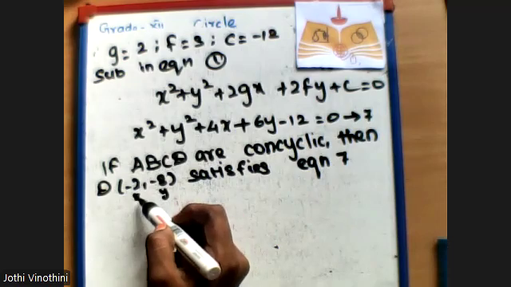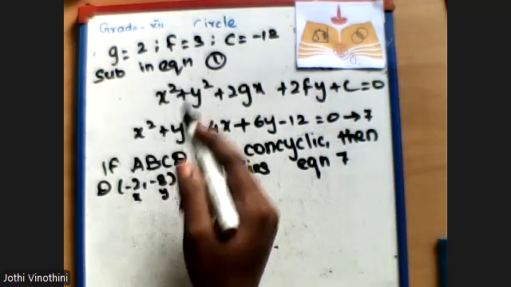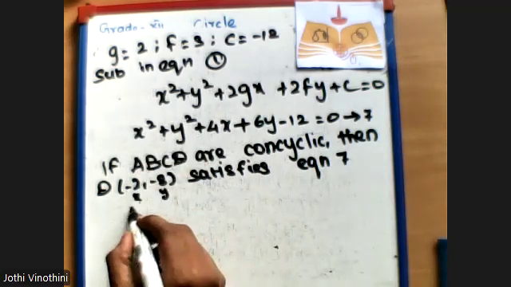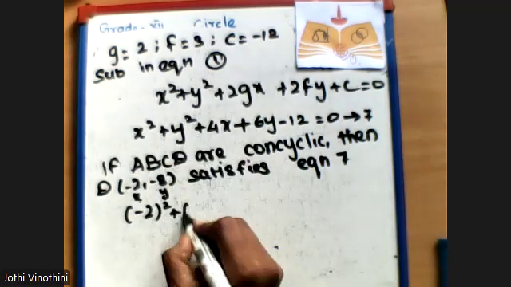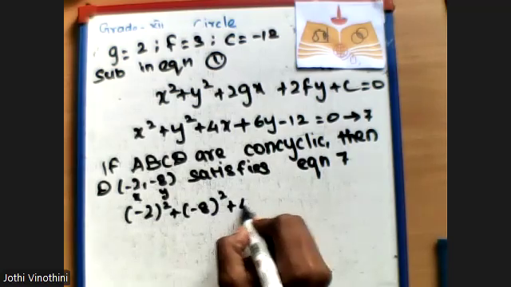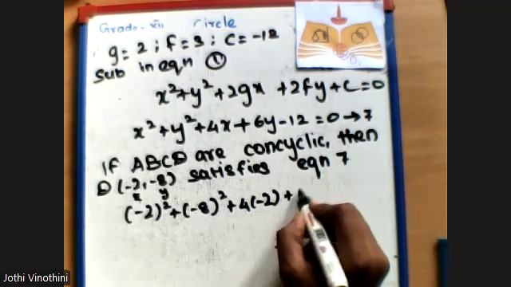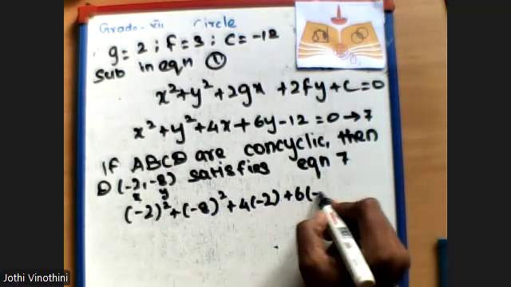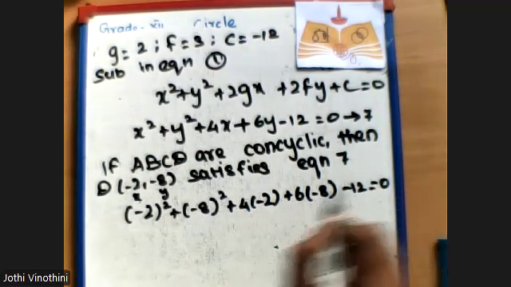We are going to substitute minus 2 in place of x and minus 8 in place of y. x squared, so minus 2 squared, plus y squared, minus 8 squared, plus 4 multiplied by x, x will be minus 2, plus 6 multiplied by y, which is minus 8, minus 12 equals 0.